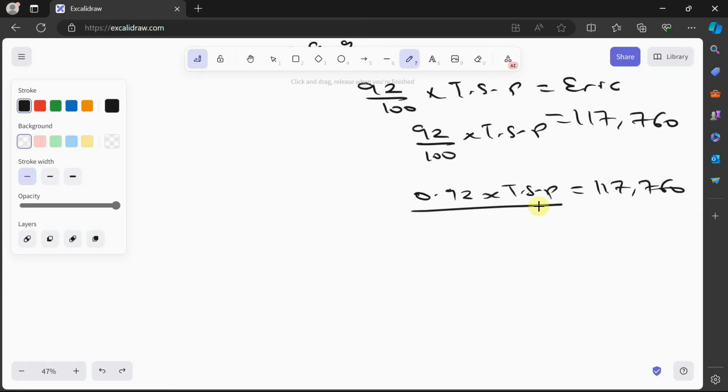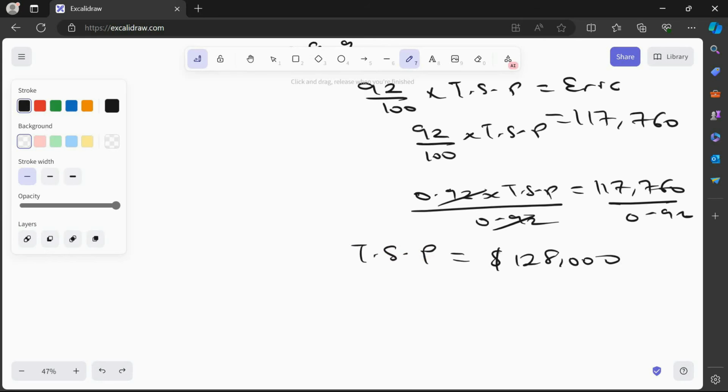If I divide both sides by 0.92, what would that give me? You need to punch this in your calculator. If you press on your calculator, you're going to have $128,000. So the selling price of the house was $128,000.